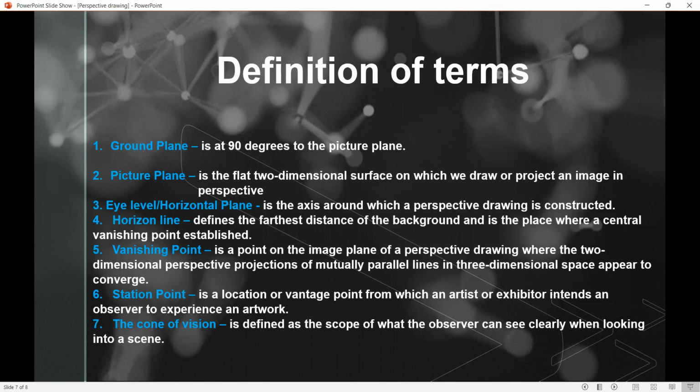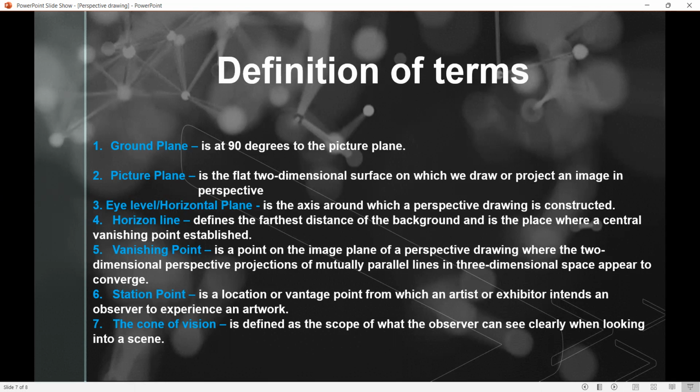Definition of terms. 1. Ground plane is at 90 degrees to the picture plane. 2. Picture plane is the flat two-dimensional surface on which we draw or project an image as perspective. 3. Eye-level horizontal plane is the axis around which a perspective drawing is constructed. 4.